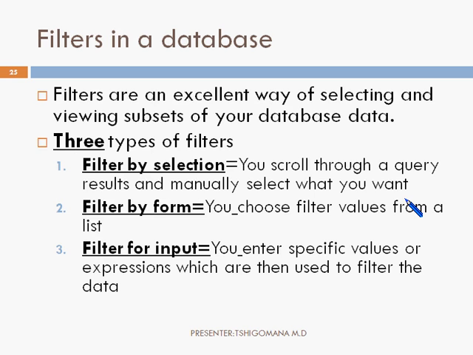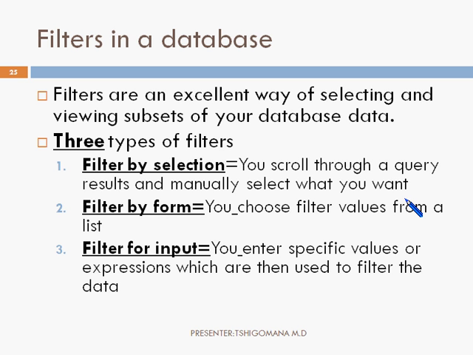Filters in a database. Filters are an excellent way of selecting and viewing subsets of your database data. In other words, in a database, sometimes instead of using queries, you can use filters. Now we have three types of filters. There is filter by selection, filter by form, and filter by input.